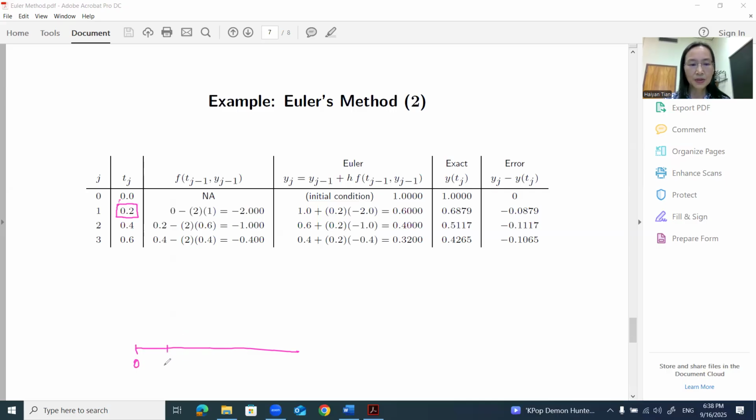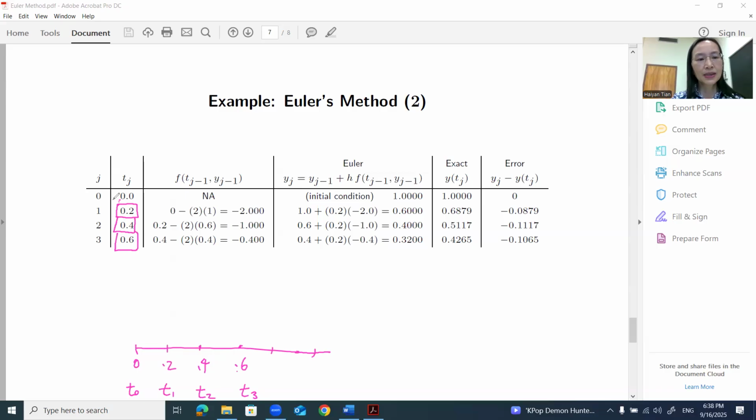That's our T0, that's T1. Next step, you will get the approximate solution at 0.4, and T3 will be 0.6. So you increase by 0.2, and you can keep going. So here is the table in 3 steps.